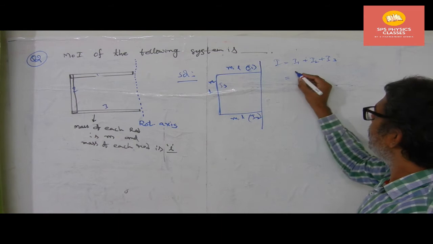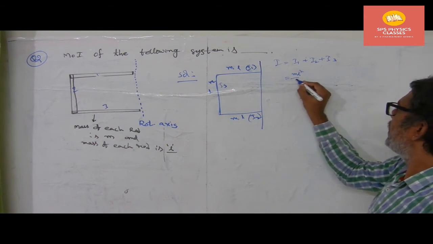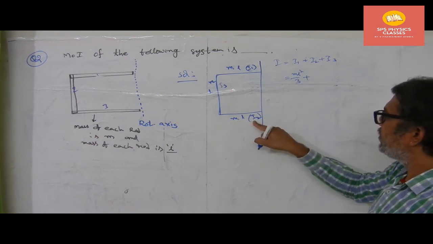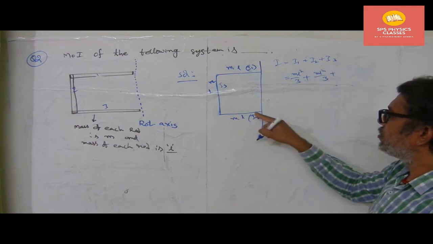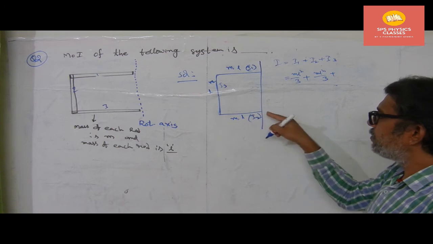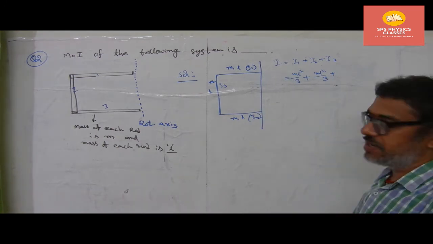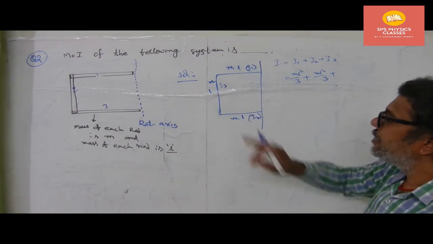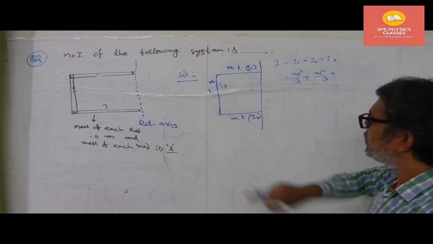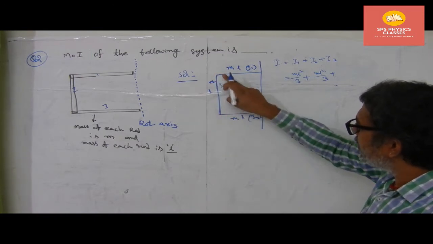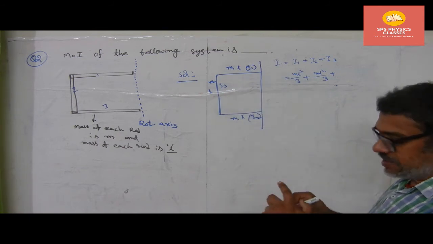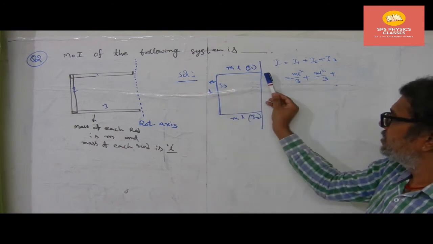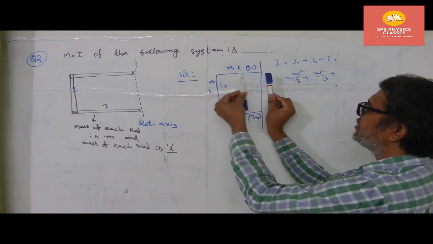For the first rod we can write I1 as mL square by 3. And for the second rod also, because the axis passes through the terminal of the rod and perpendicular to its length, it is mL square by 3. Then we have I3, the last one. This entire rod contains a rotation axis here. Imagine that this is the rotation axis and this is the vertical rod, rotating like this.